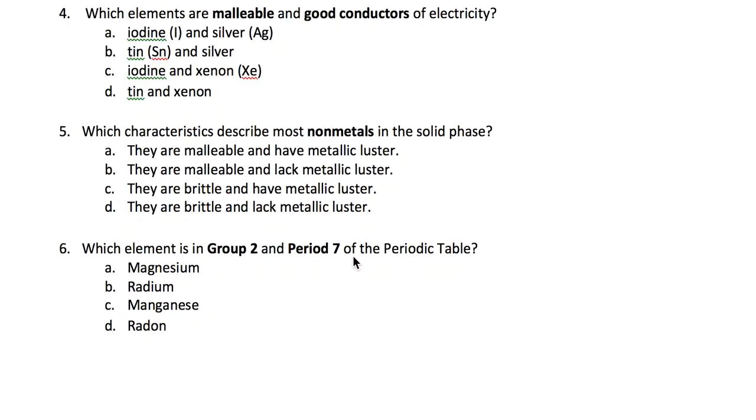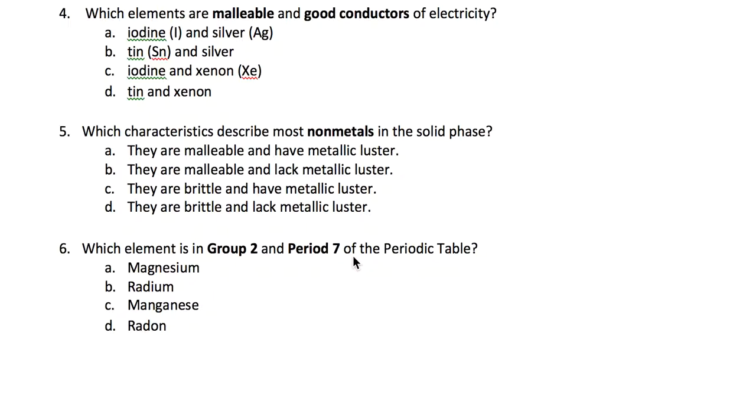Question 4. Which elements are malleable and good conductors of electricity? A. Iodine and silver. B. Tin and silver. C. Iodine and xenon. D. Tin and xenon. Question 5.